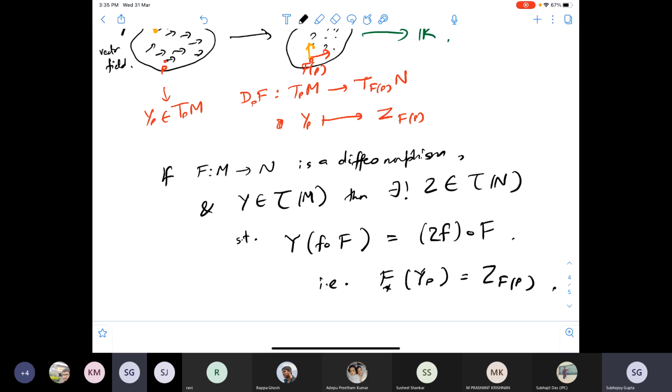Okay, so if you have a diffeomorphism, you can always define your vector field just by pushing forward at every tangent space, and this push forward vector field satisfies this kind of property that I just mentioned.